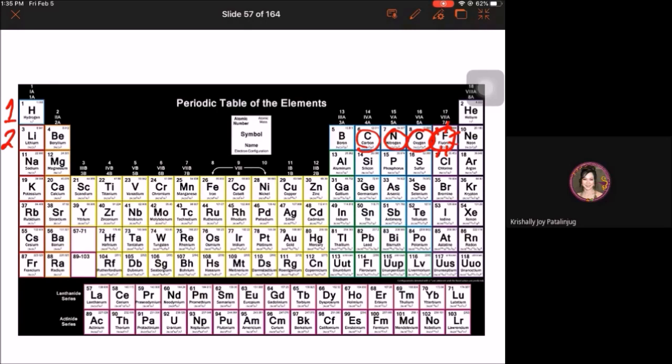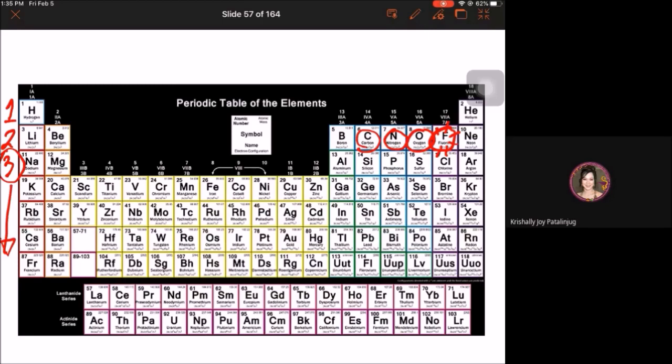Okay? But there are a few exceptions to the octet rule. And that usually occurs among molecules na may central atom found in period 3 usually, and down the group.